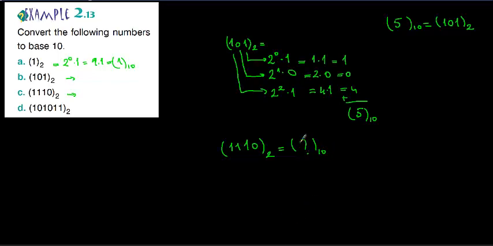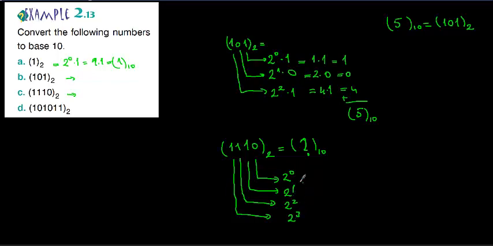Okay, here then firstly we are going to write, if you remember, the powers of 2, and if there are 4 numbers here, it's going to start with 2 to the power of 0, 2 to the power of 1, 2 to the power of 2, and 2 to the power of 3. Then I'm writing the times notation, then I'm writing the numbers. This is 0, this is 1, and this is 1 again, and this is 1 again.